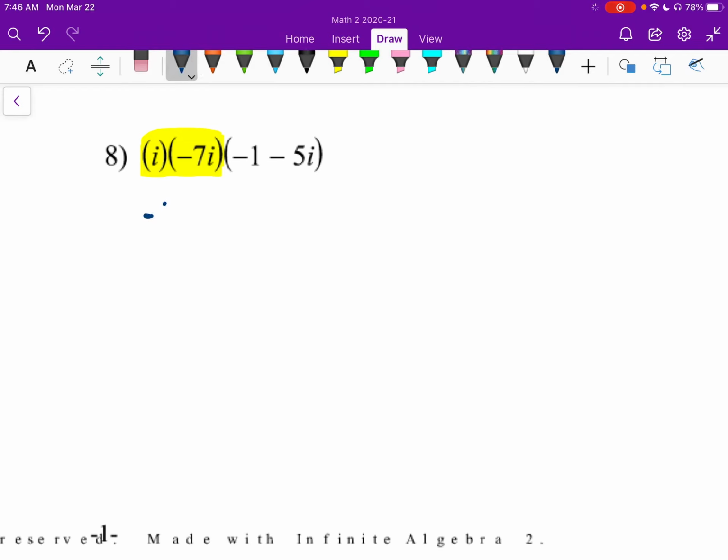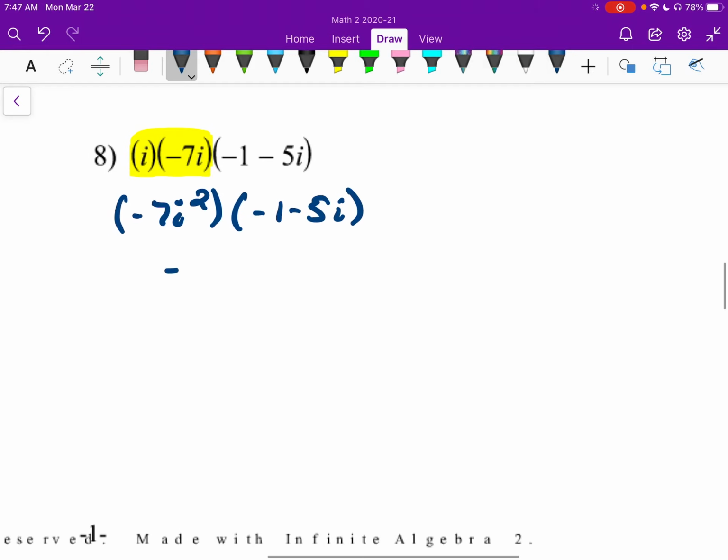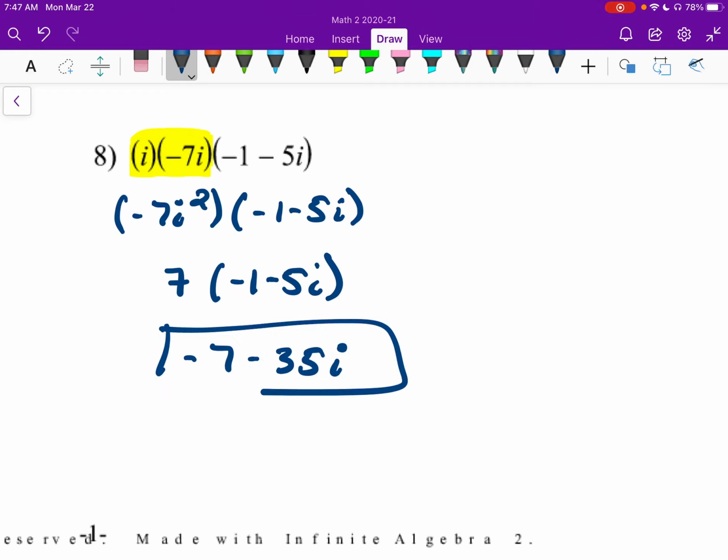So this will be a -7i squared. Then I still have my -1 minus 5i. Now -7i squared, I know that i squared is -1, so this turns into a 7. And now the problem should be pretty easy. We have a -7 minus 35i. And there we are.